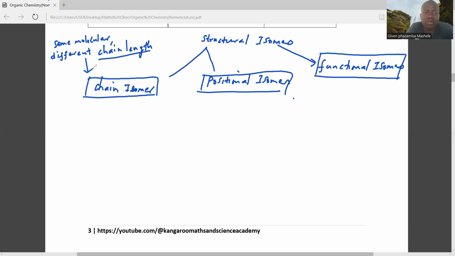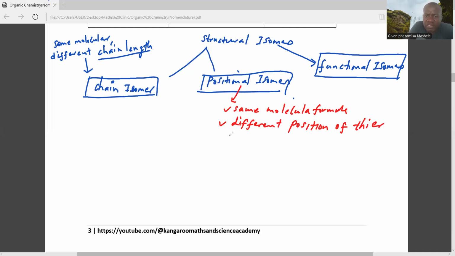So usually here we're talking about those organic compounds that have the same general formula or homologous series. But when we talk about the positional isomer, these are organic compounds that have the same molecular formula but different positions of their functional group.